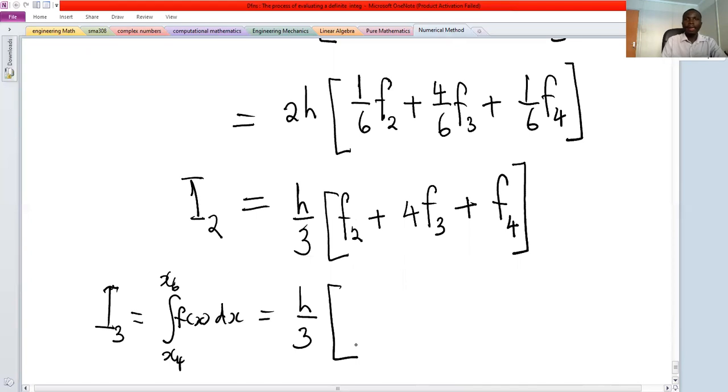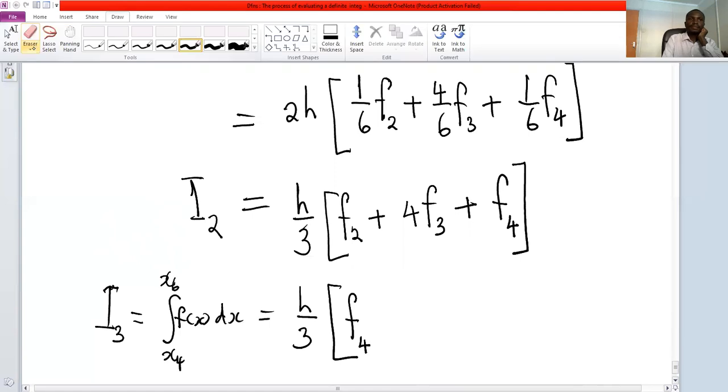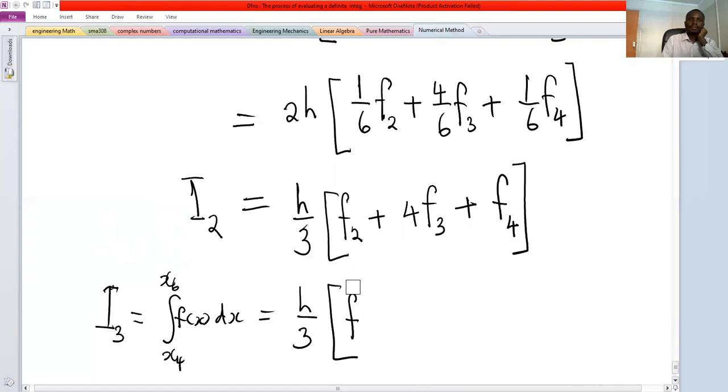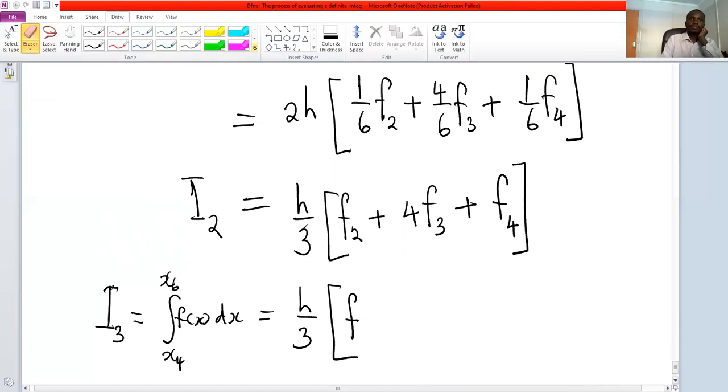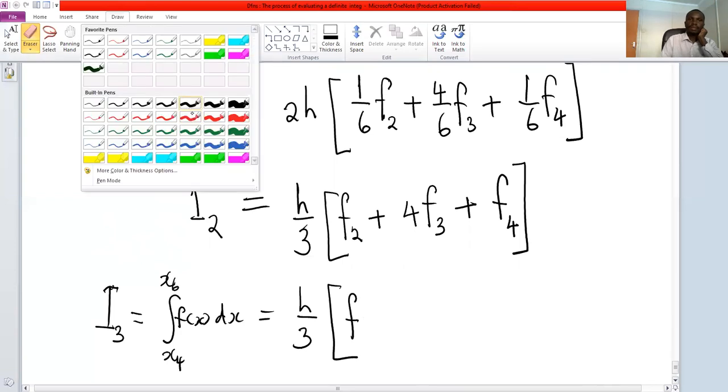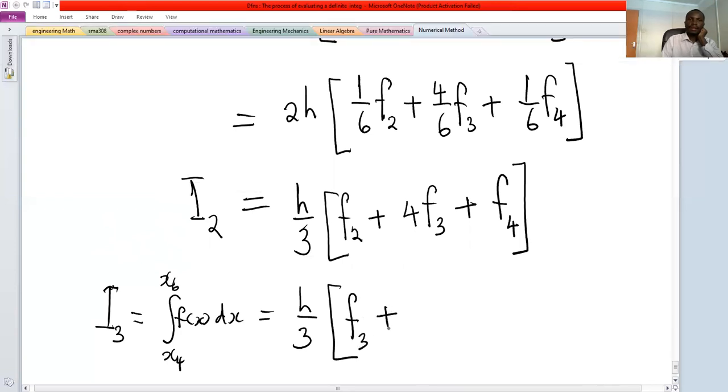If I2 is given by this one, so I3 should be giving us F4, F3 plus 4 F4 plus F5.